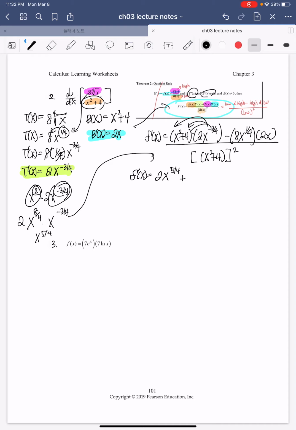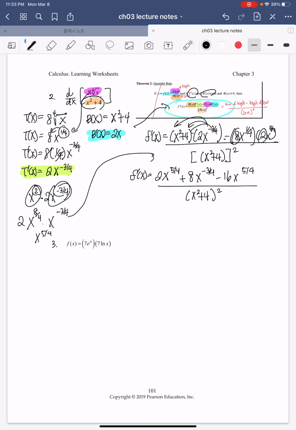This one will give me plus 8, 2 times 4, x to the negative 3 over 4. This one with negative will give me negative 16x to the, and then you have this 4 over 4, which is 1, so 5 over 4. And then you have the whole bottom, which is x squared plus 4, whole thing squared.